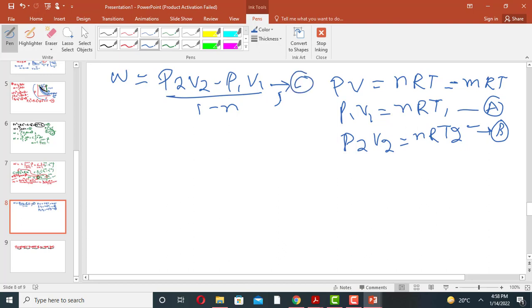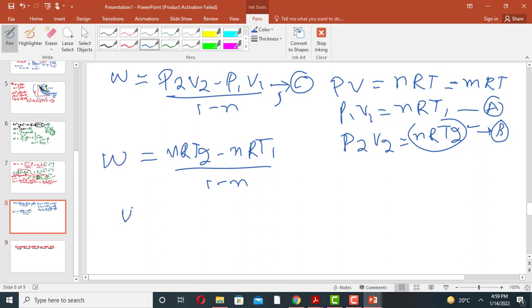This equation, suppose it is equation number C, will be equal to P2 V2, which is nRT2, minus nRT1, divided by 1 − n.